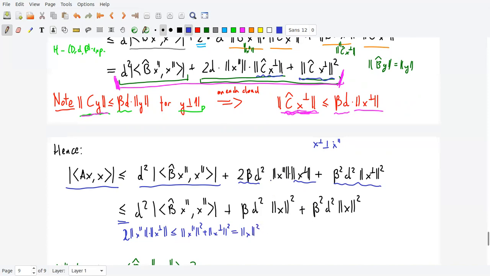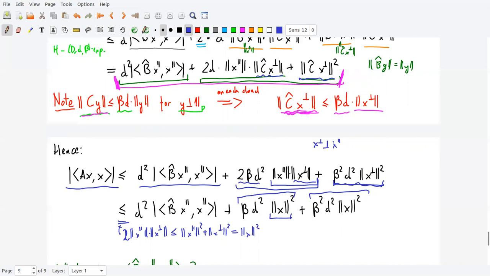So 2 times this is upper bounded by just the norm of x squared. So this justifies upper bounding this by this. Here I just replaced the norm of x perpendicular by a possibly larger norm of x squared.